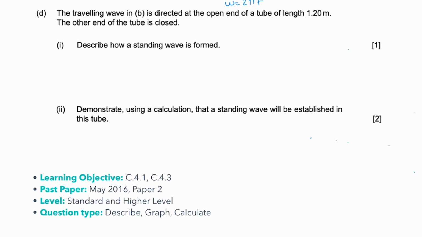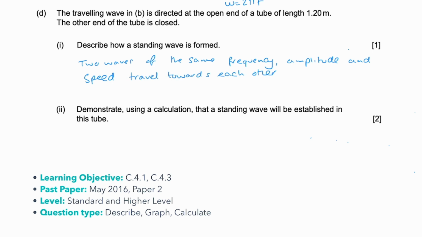What you would say is two waves of the same frequency, amplitude, and I would put speed in as well, travel towards each other after reflection, because they reflect and then they go back on each other.